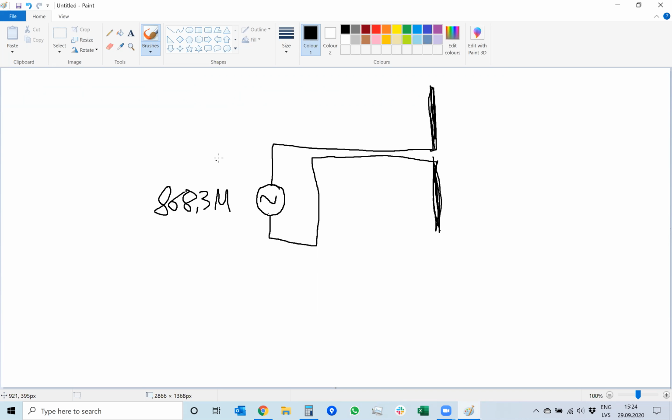So if you wanted to do simple on-off keying or amplitude shift keying or amplitude modulation, you would just put a simple switch here. If you turn on the switch, the signal is being transmitted, and if you disconnect the switch, the signal is stopped.